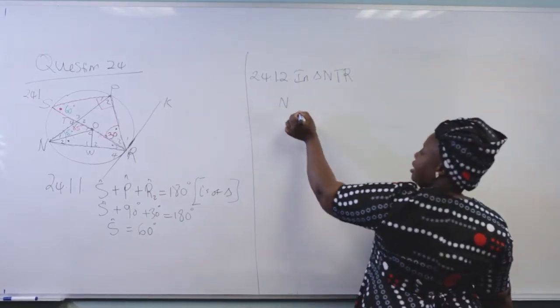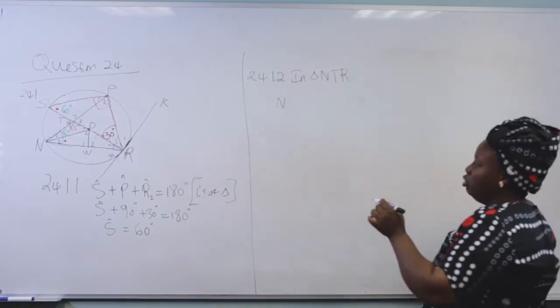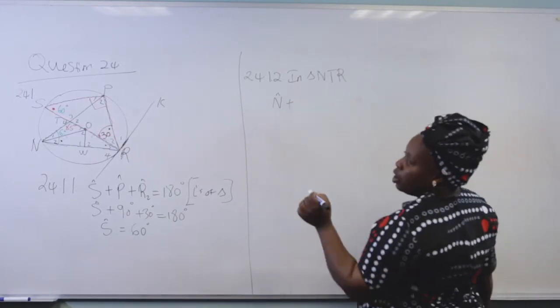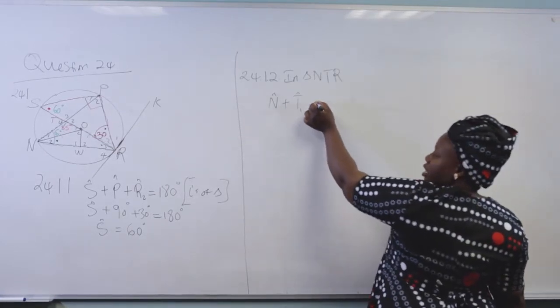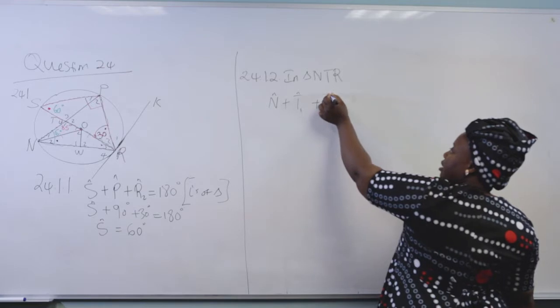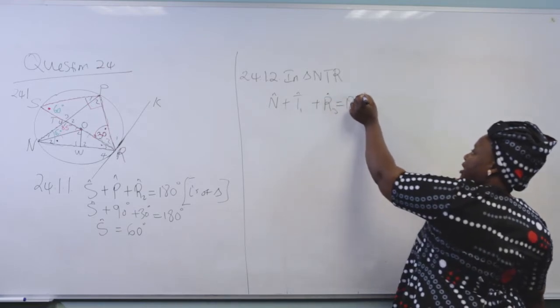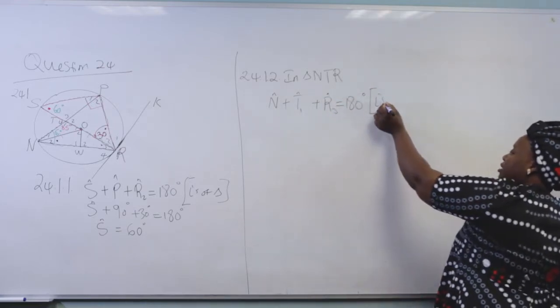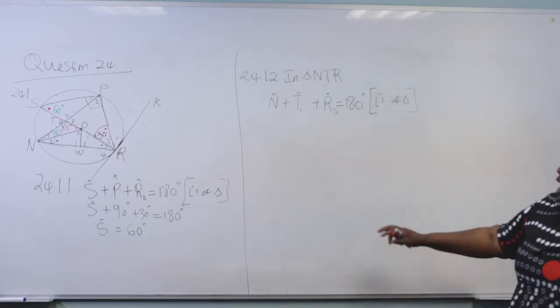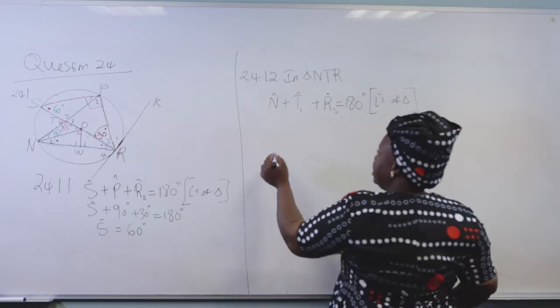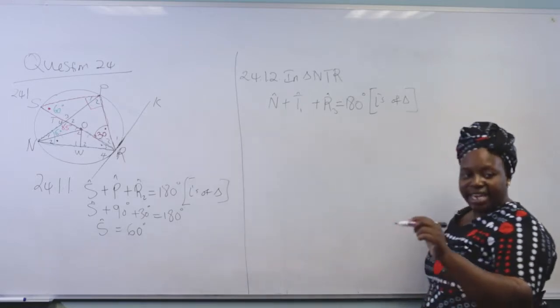So we're going to say N, meaning N1 plus N2, plus T1 plus our R3, equals 180 degrees. Angles of a triangle. Nice. Now we have N being 60, but we cannot just say N is 60.